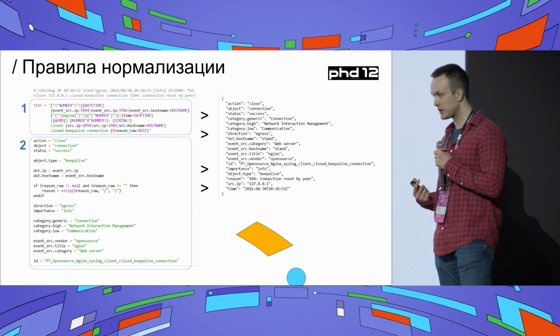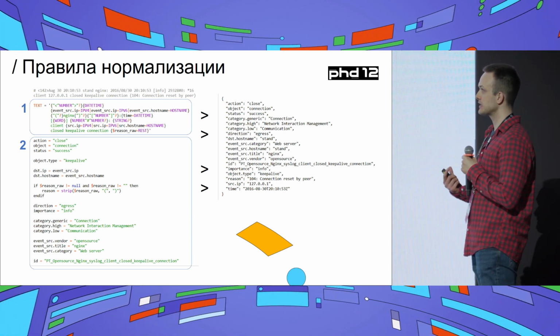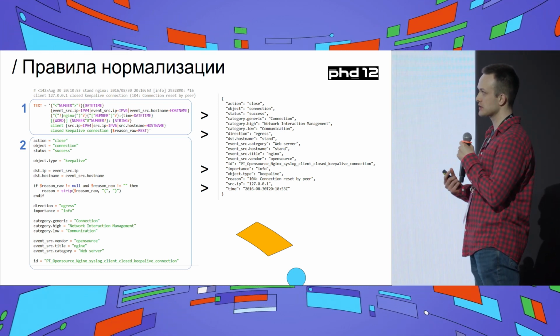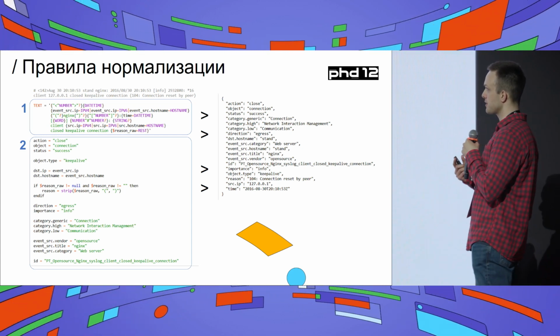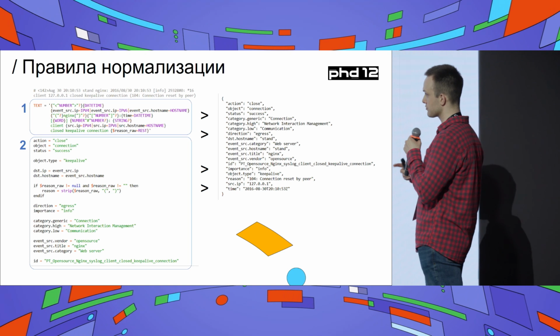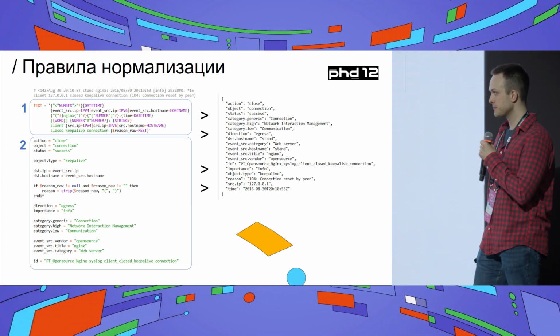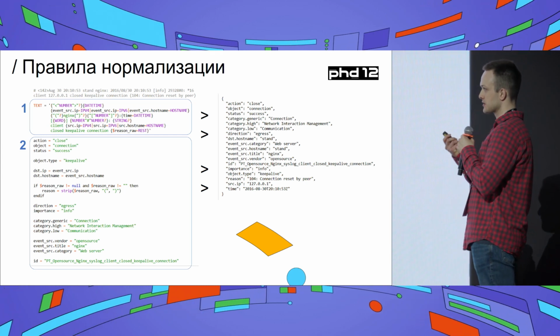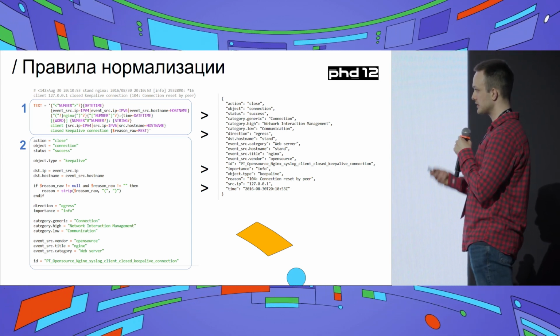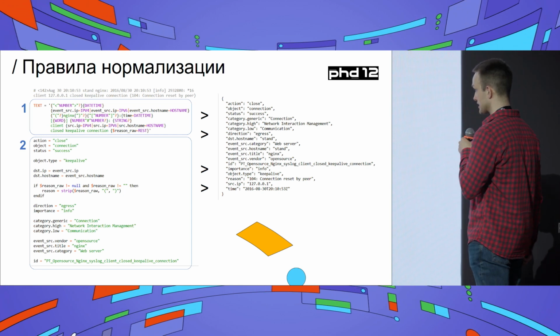If after the initial parsing no further data processing is required, we can save the fields of the normalized event right from the format string. Or if additional processing is required, we can save temporary variables and then do the processing within the main text of the rule. Here we have a very elementary processing.